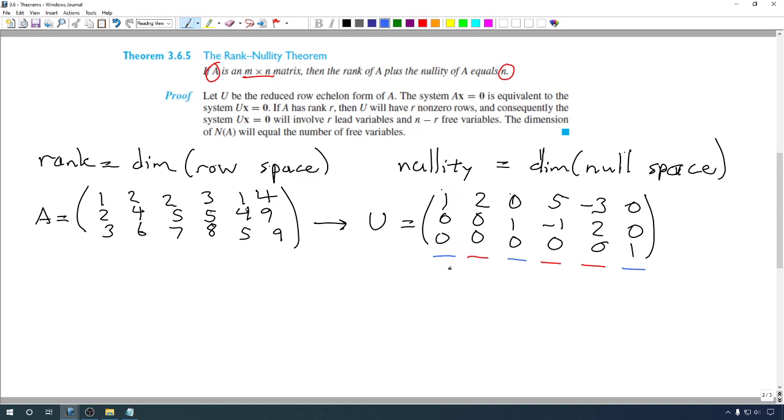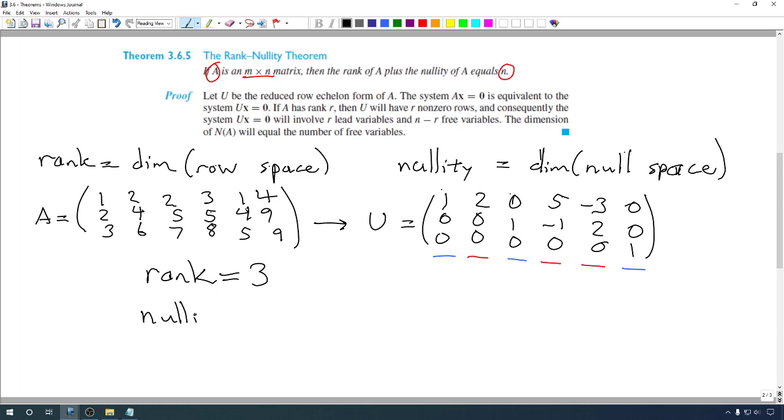So to form a basis for our row space, we actually end up with exactly 3. We have one corresponding to this leading 1, to this leading 1, and to this leading 1. So in this particular case, what was our rank? We know our rank is equal to 3.